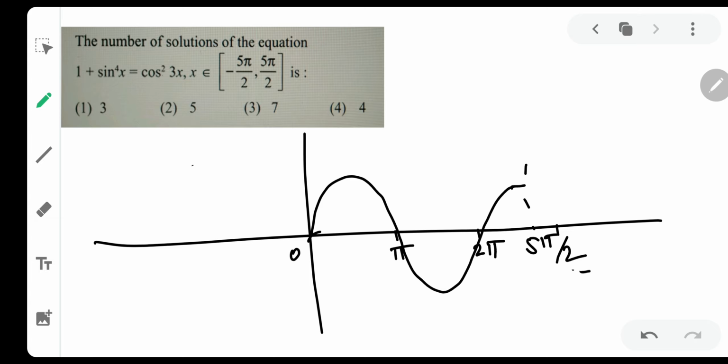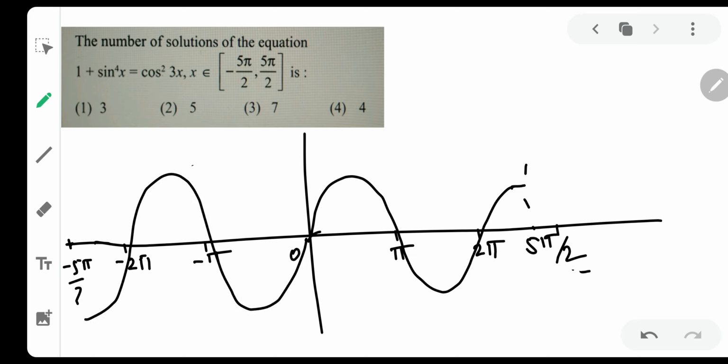One more thing, let us draw it on the LHS also. So this graph will look something like this. This is the graph of sin x from minus pi by 2 to pi by 2. I hope everyone agrees with this. Now when you are doing sin x, this is the graph.